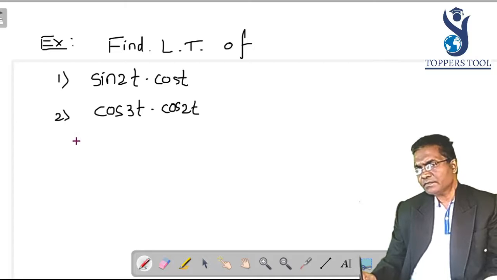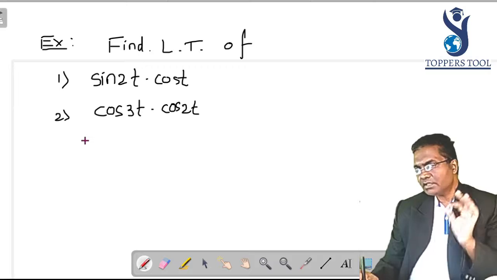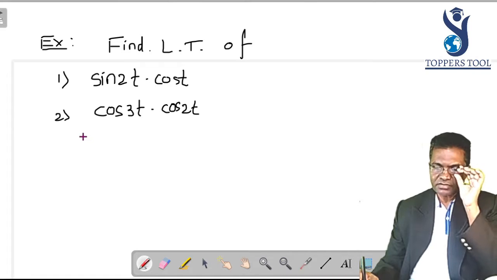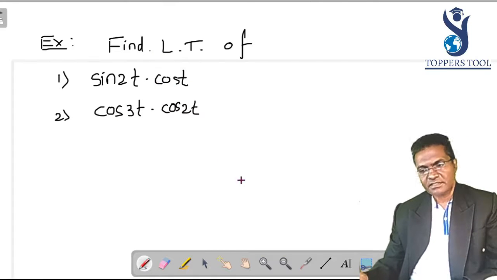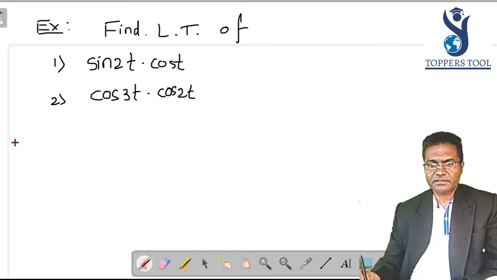Like this they will ask. Now we know the Laplace transform of individual sine and cos. So whenever there is a product, you have to express it as a sum by using the transformation formula.